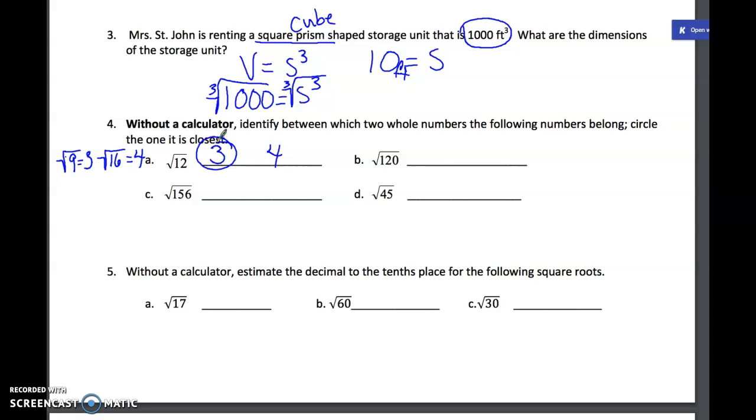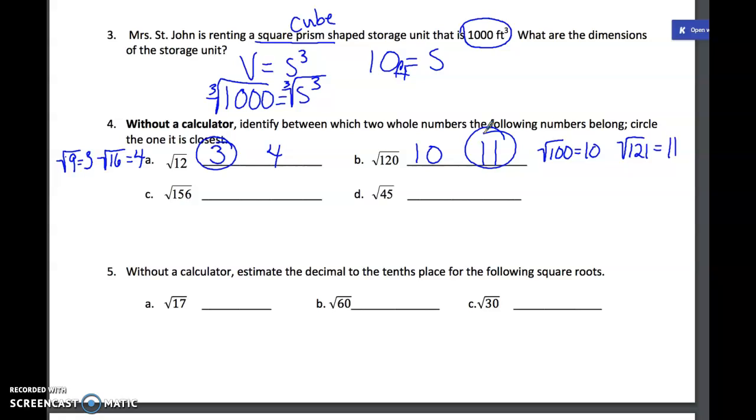So, thinking about what we know about square root of 120, I know that the square root of 100 equals 10. I know that the square root of 121 equals 11. That means that it comes right between 10 and 11. It's almost up to the 121, so that means it is closest to 11.